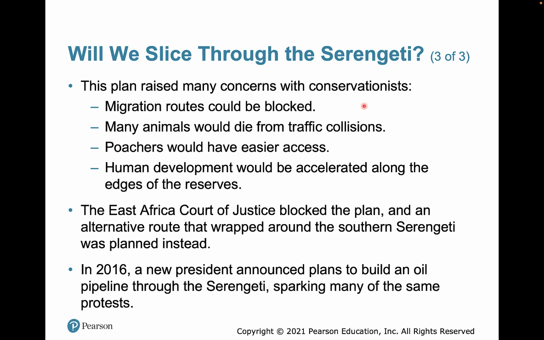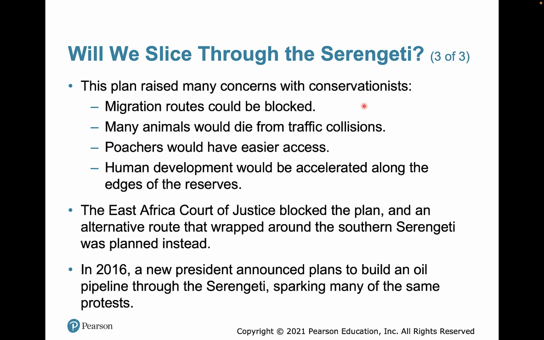Poachers, which we're going to talk about in a little bit, would have really easy access to organisms to poach. And then you would have urbanization along the edges of the reserves. Gas stations, villages, all that kind of thing before you cross into the preserve.